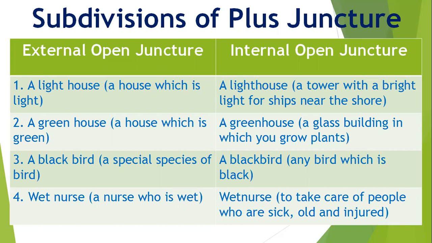So again, that's number one, a light house. And then for internal open juncture, the example is a lighthouse. This is a tower with a bright light for ships near the shore. The color of this one is usually red. And then we have number two, a green house. This is a house which is green. And then a greenhouse, a glass building in which you grow plants.